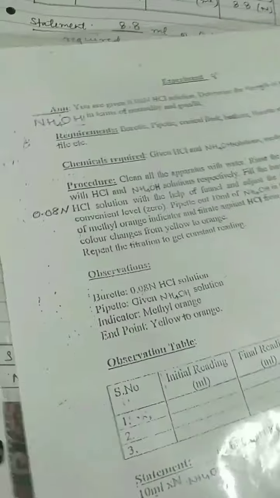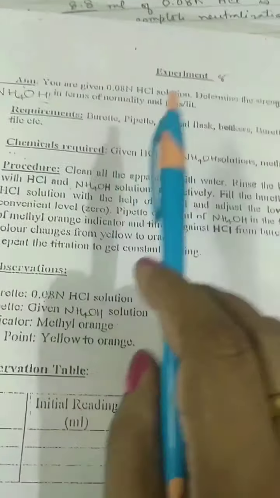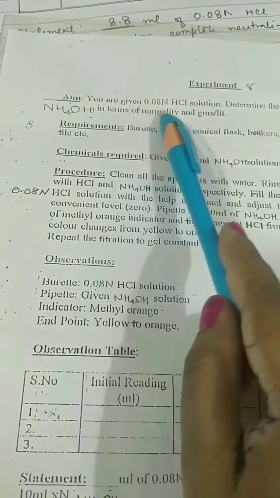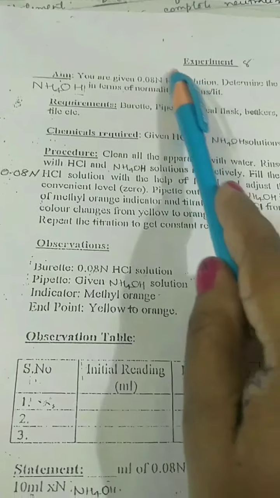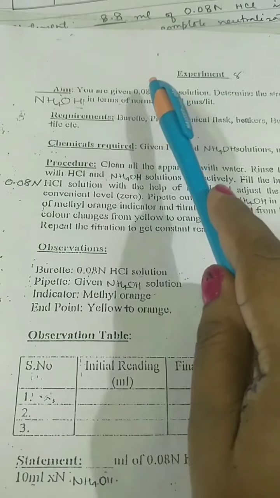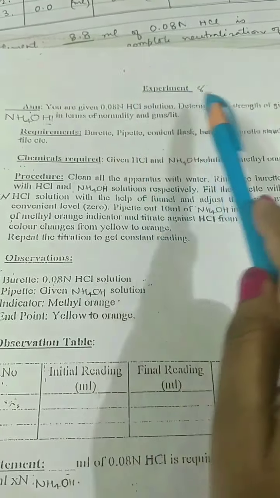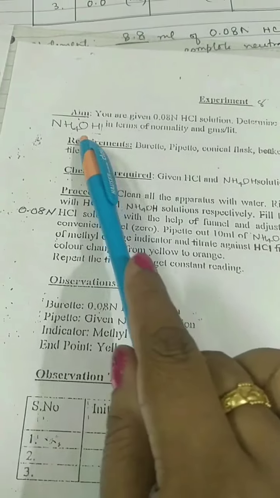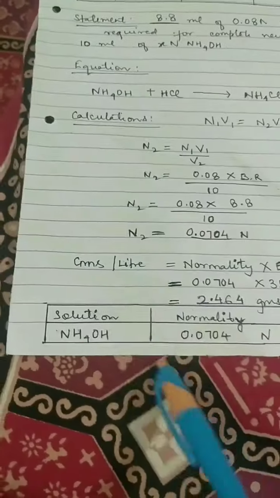So by this whole procedure, we got the result, as the aim of the experiment was: normality of HCl was given, and with the help of this we had to find the strength and the normality of given X normal NH4OH. So this is our result.